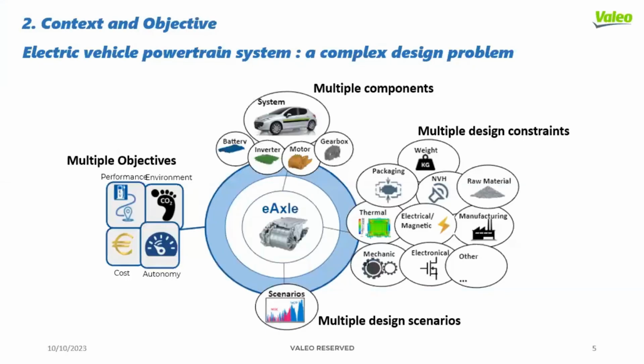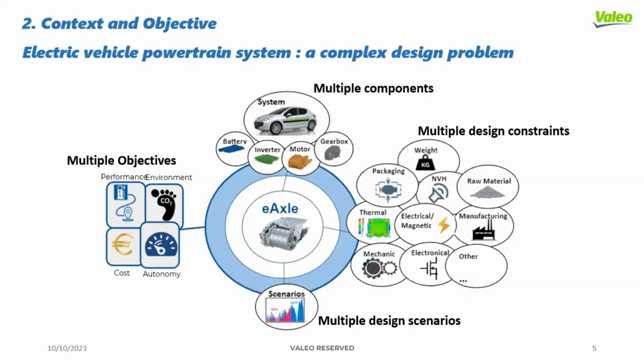So now when we are talking about the optimization of the machine itself, it's not enough. Our customer now wants us to provide the full solution, the machine with the inverter and the gearbox, the whole e-axle. But when we consider the design of such a complex system, we are looking into having multiple components for sure.